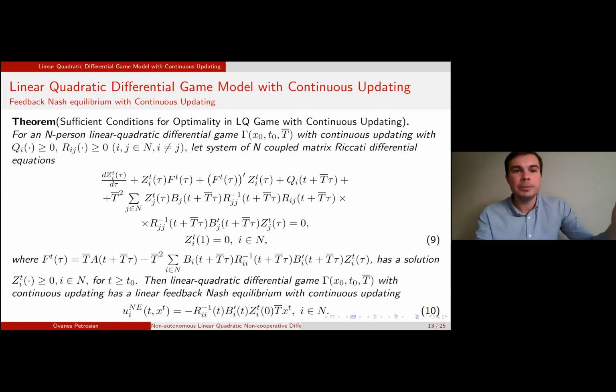When the game has an infinite horizon, this comment is not relevant, because for any time instant, t dash is less than the remaining time. But for a finite horizon game, the player should account for the remaining number of stages.